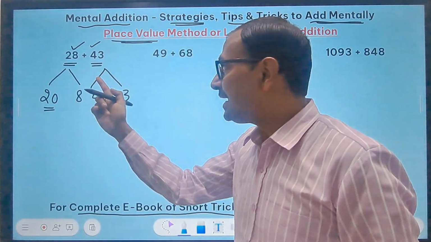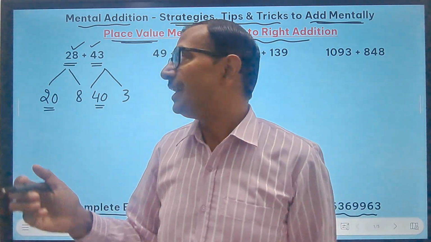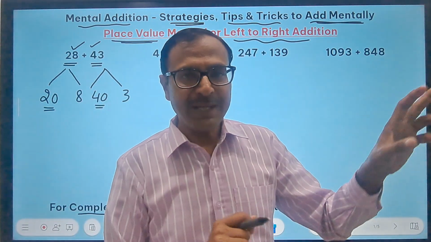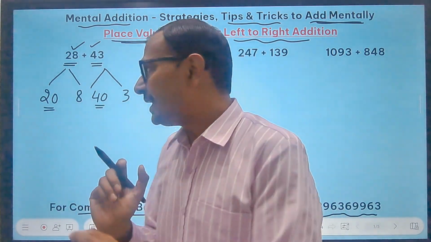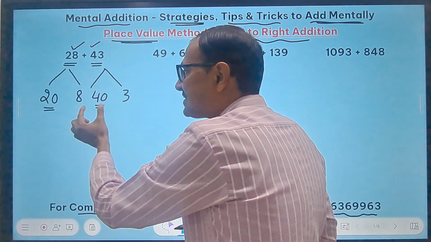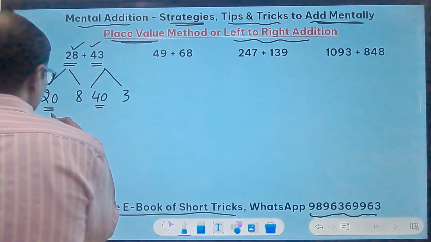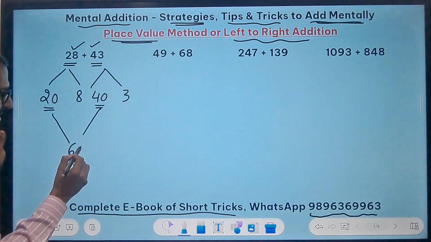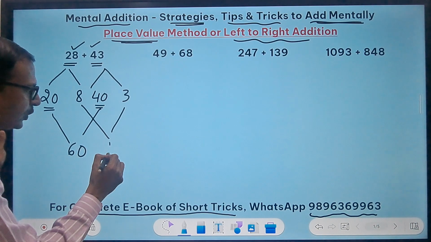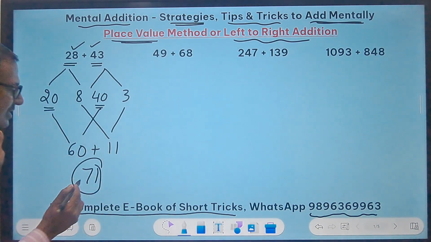So when you see 28, your mind should say 20 and 8, and 43, 40 and 3, because adding single digit numbers is very easy, and adding exact number of tens, that is also very easy. Just like 20 and 40, they add up to 60, and 8 and 3, they add up to 11, and now adding 60 and 11 is easy. 71 is the answer.